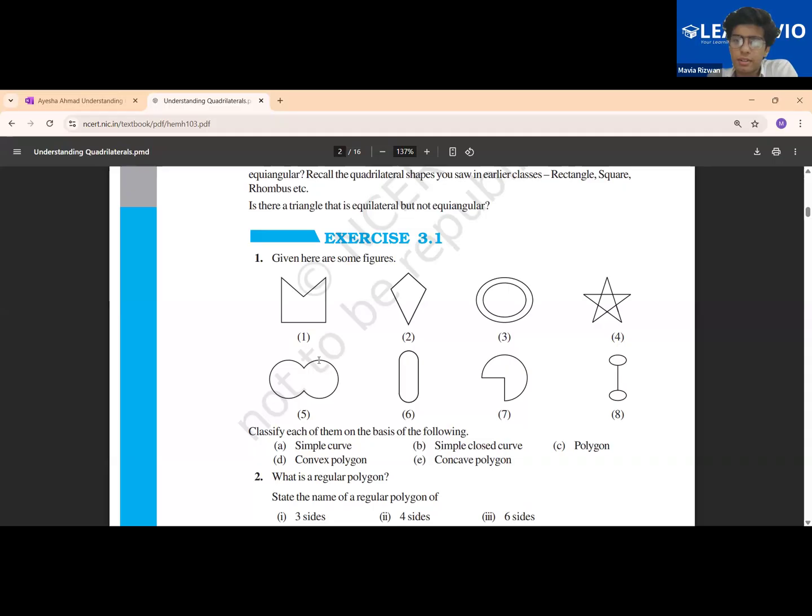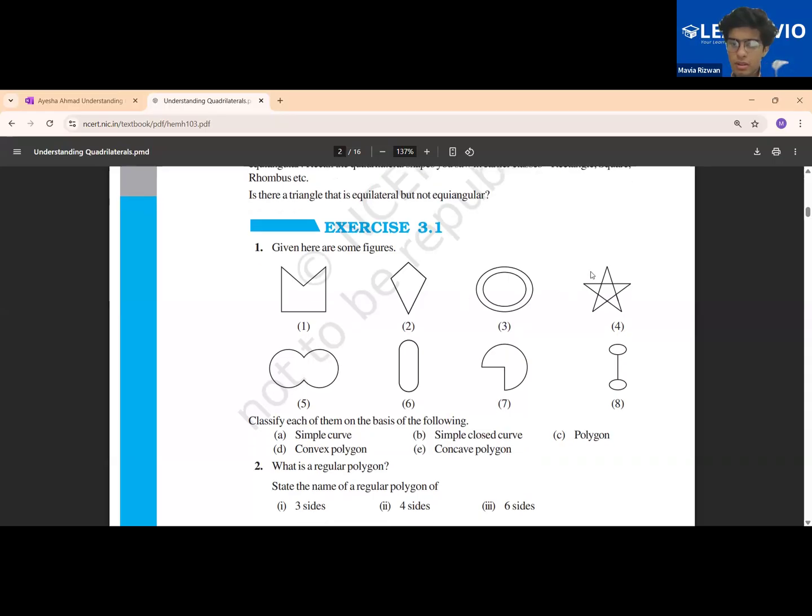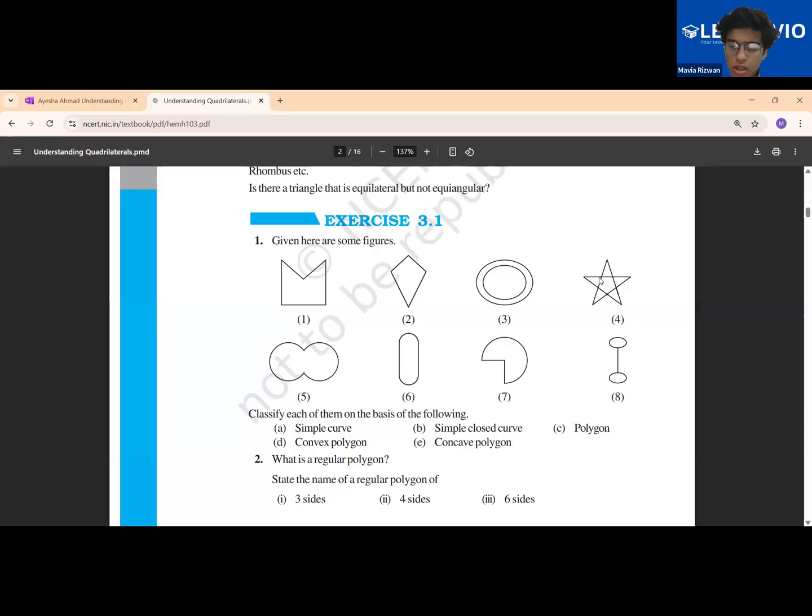Fourth, the star. Oh yeah, but again, it is. Suppose 1, 2, 3.